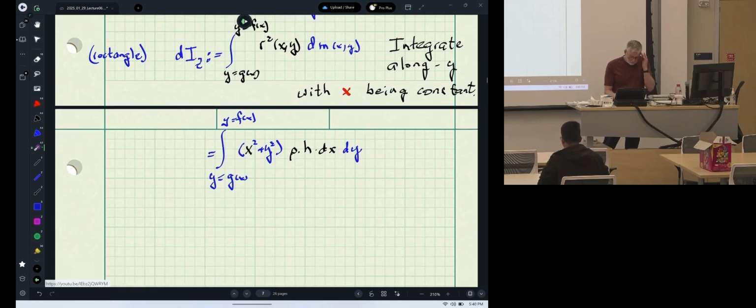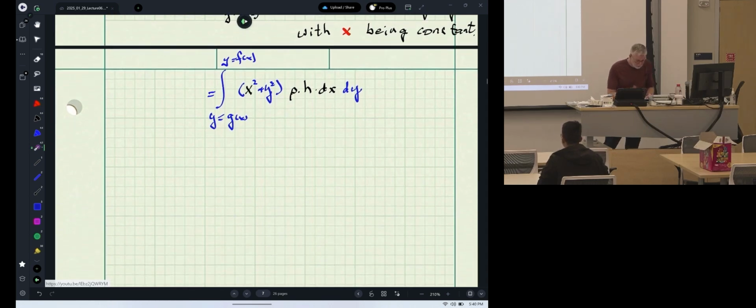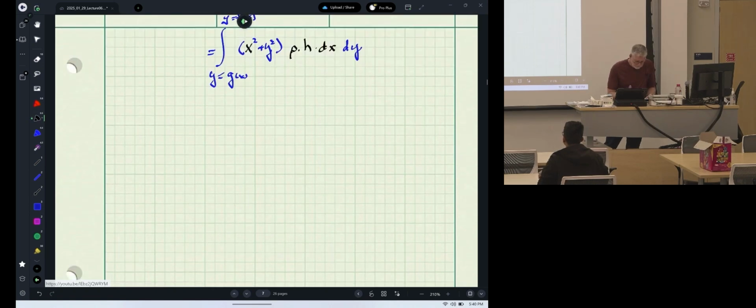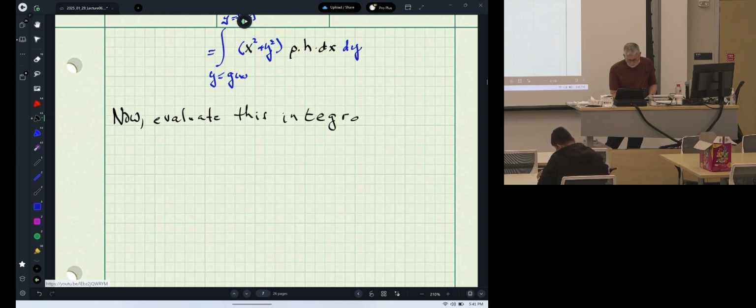I want you now to evaluate this integral. Write down what you need to do.